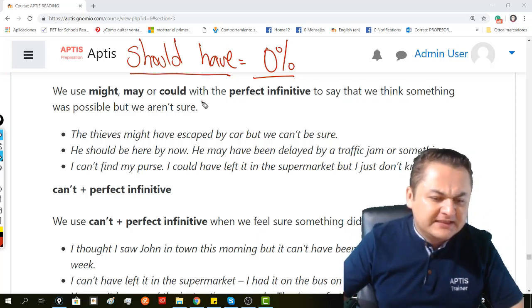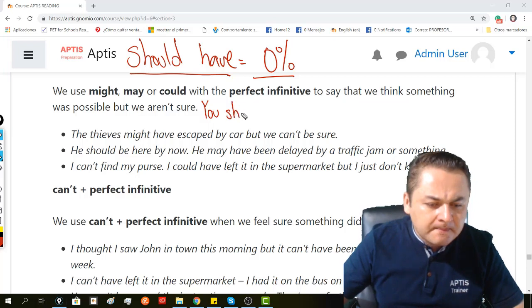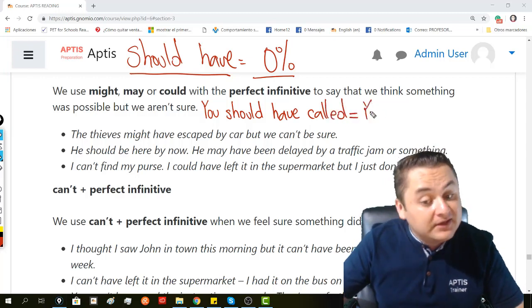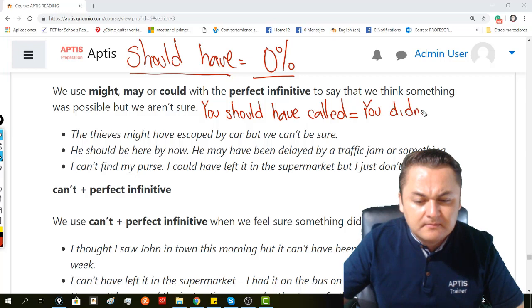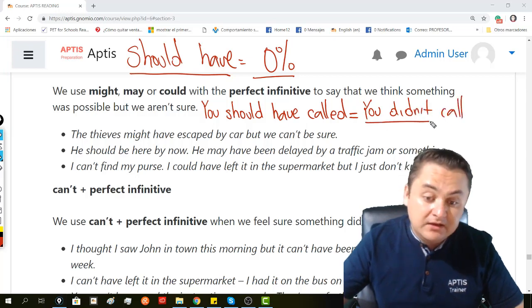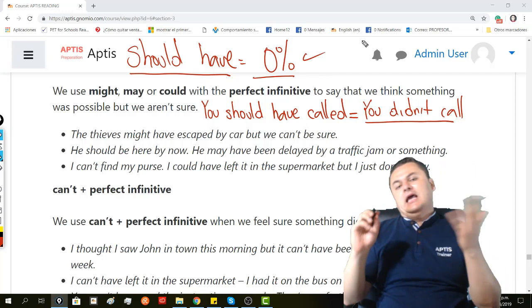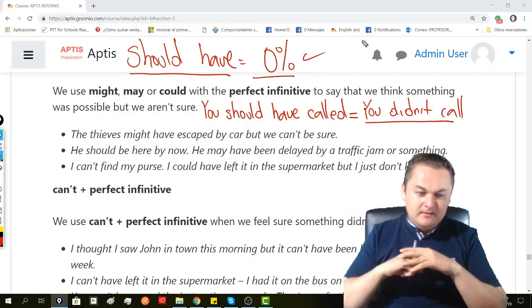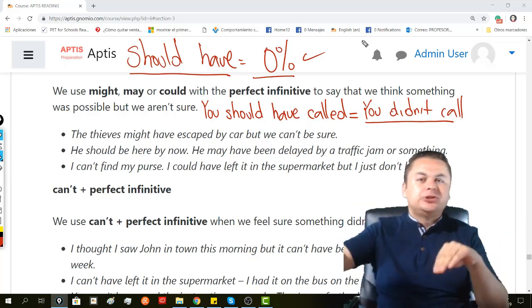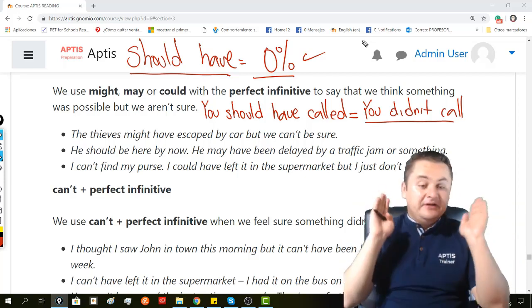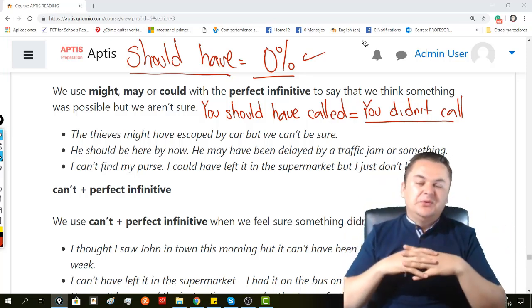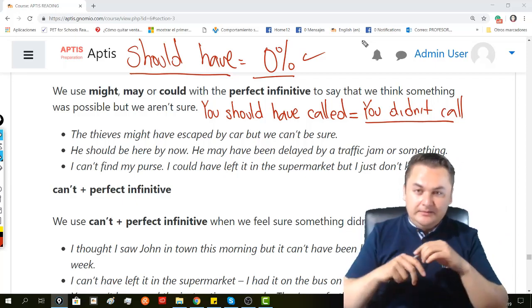For instance, if I say, hey, you should have called, it means you didn't call. And if you didn't call, it means it happened 0%, meaning it didn't happen at all. I should have, you should have, he should have. For every structure explained here, the conjugation is the same, so you don't need to remember anything special there.